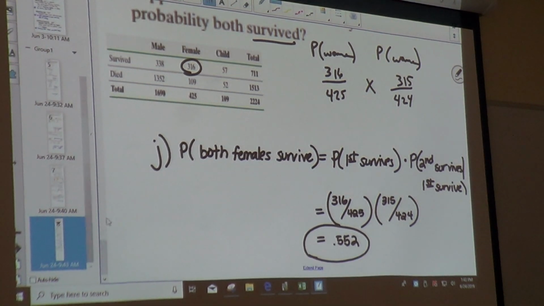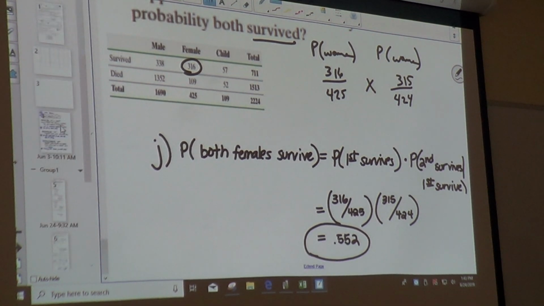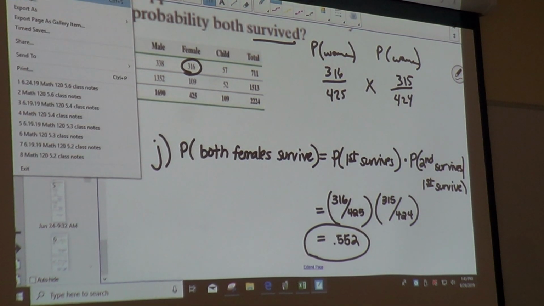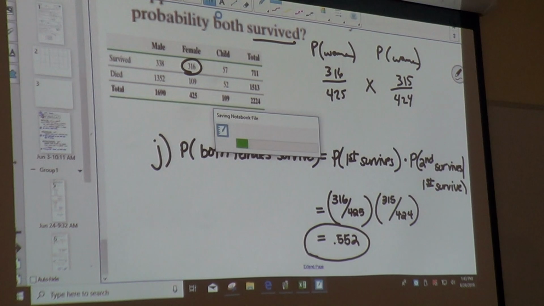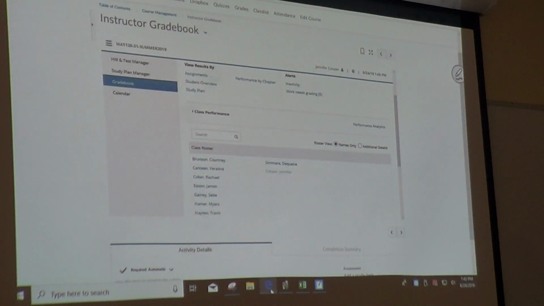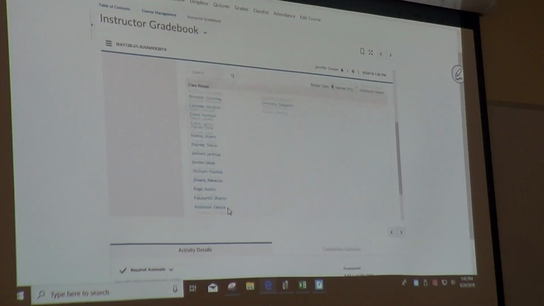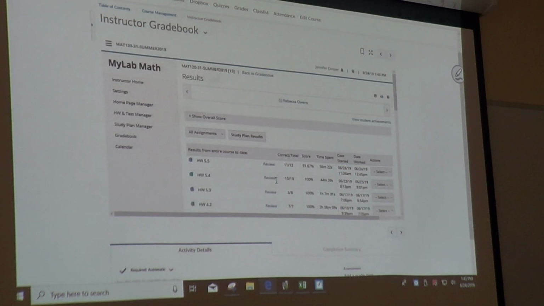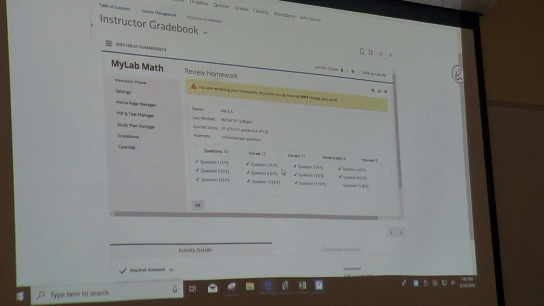All right. That is it for 5.6. Now, can we look at that homework before we move on? Yes. What section was it in? 5, number 12.